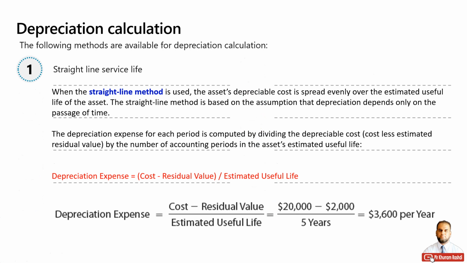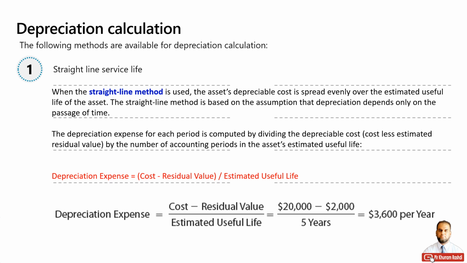service life. First of all, this is an accounting concept. What it defines is that a straight line method is used. The asset's depreciation cost is spread evenly over the estimated useful life of the asset. So what is the useful life of an asset? That is estimated by the accountants.